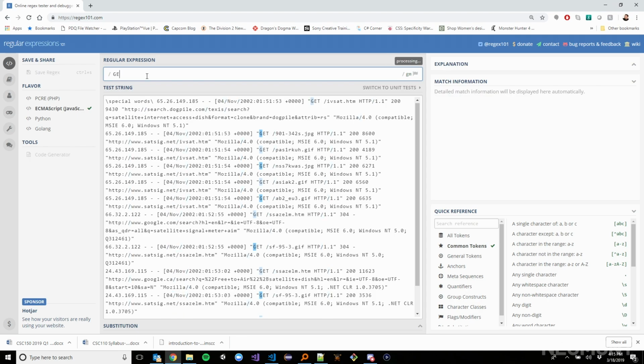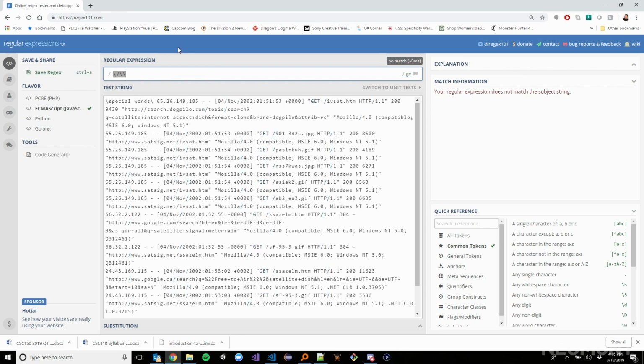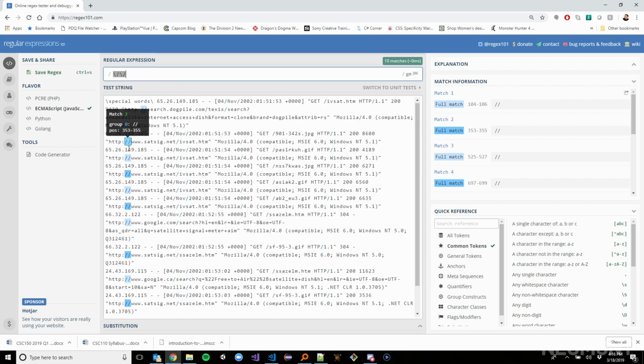Just like earlier when we had all the capital letters GET, it looked for all of those letters as a combination, and that combination was a match. So when I do this, it's saying look for a forward slash followed by a backslash. You might also notice that there are places with double forward slashes. So if I do that, you'll notice that it will find all the double forward slashes as single matches.